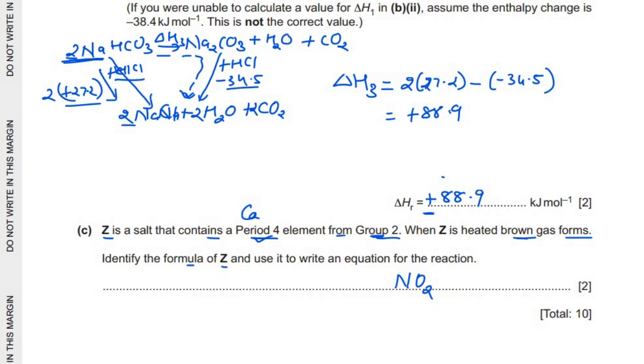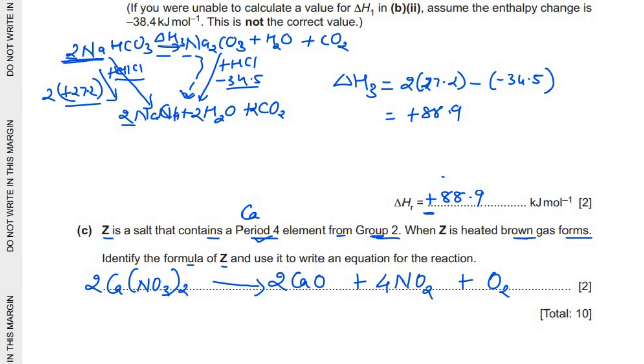So the salt which is heated should be calcium nitrate. The formula of calcium nitrate is Ca(NO3)2. When that is heated, it produces calcium oxide plus nitrogen dioxide plus oxygen. Now if we balance it, we need to add 2, 2 and 4. Yes, this is how it's balanced.